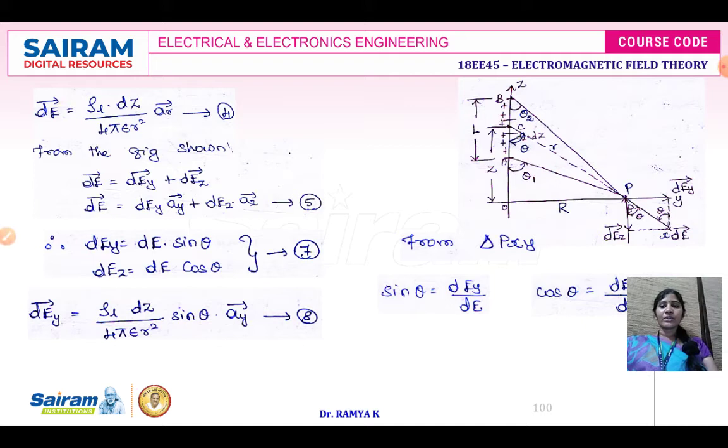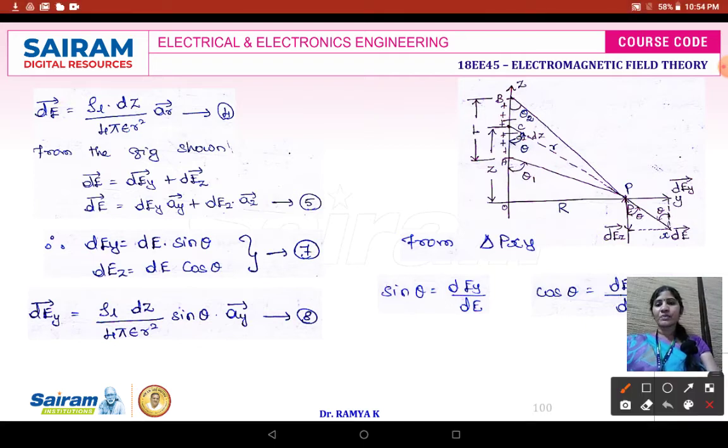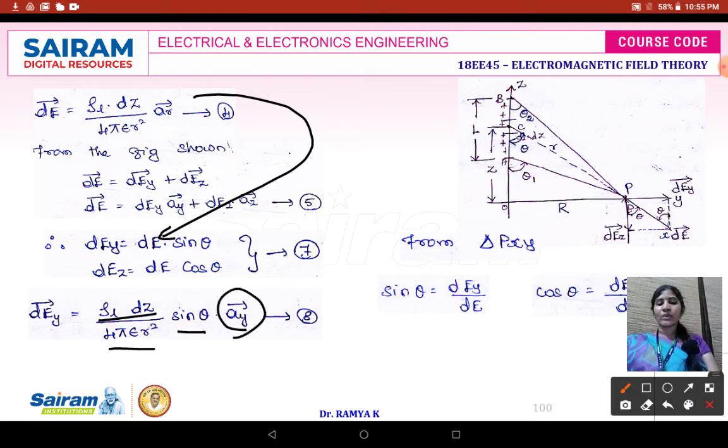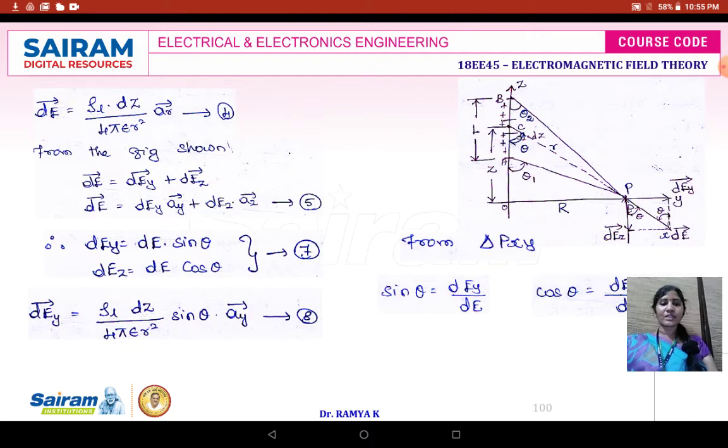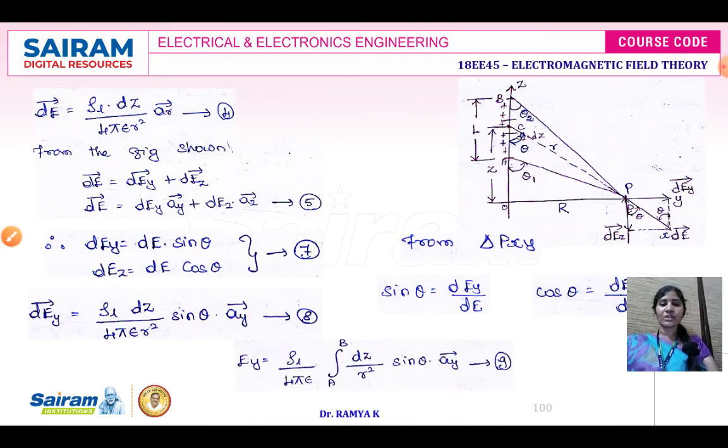For dEy, in place of dE you can substitute from equation 4. When you substitute, you will get rho L dz divided by 4 pi epsilon r square, sin theta into ay vector. It is all along the y-axis direction.